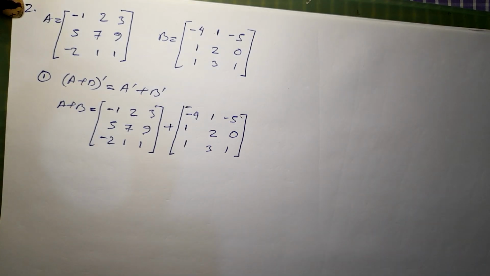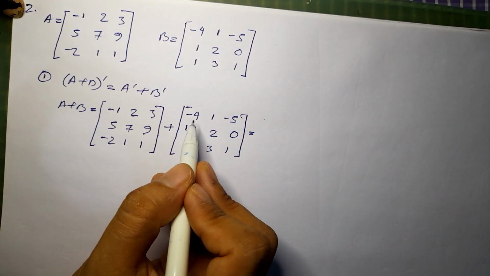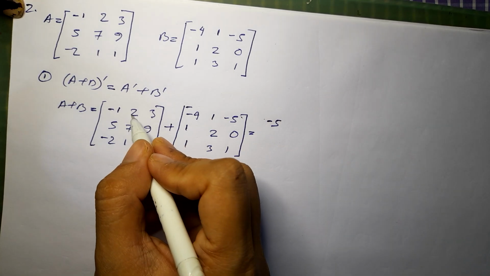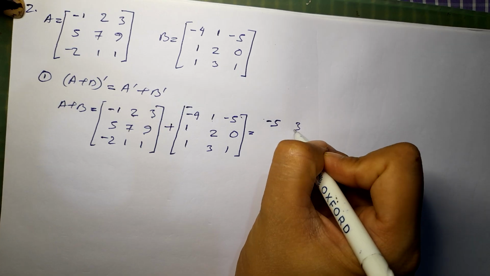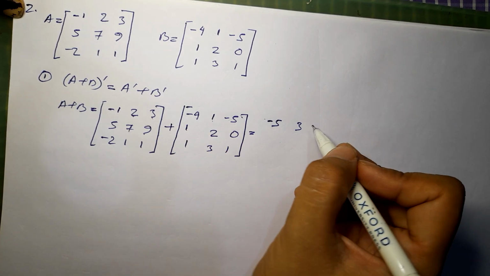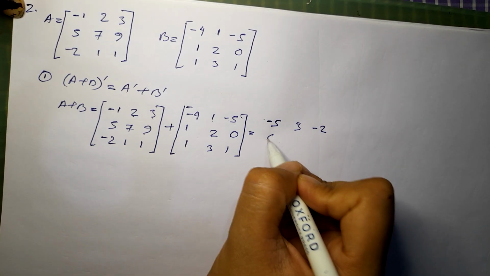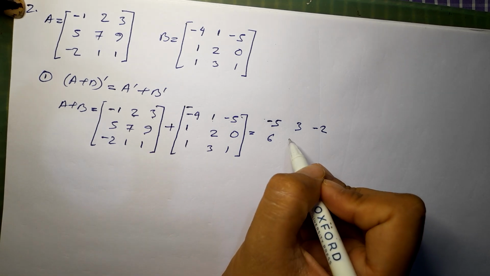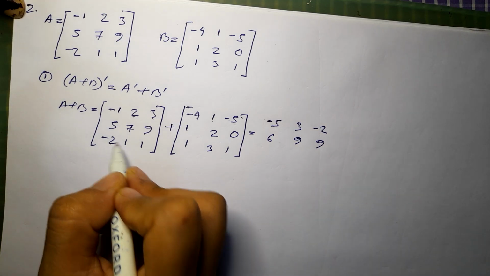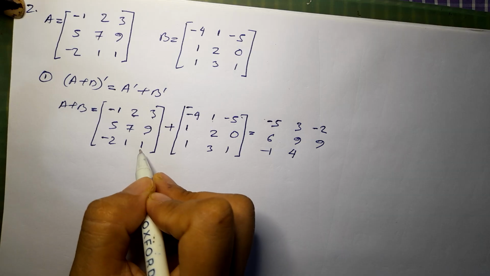We can add directly. -4 plus -1 is -5. 2 plus 1 is 3. 3 plus -5 is -2. Now 5 plus 1 is 6, 7 plus 2 is 9... 9 plus 0 is 9, -2 plus 1 is -1, 1 plus 3 is 4, 1 plus 1 is 2.